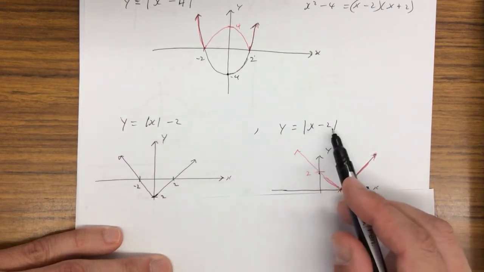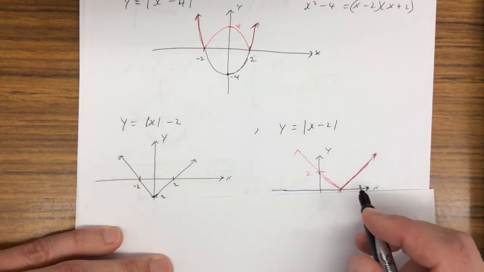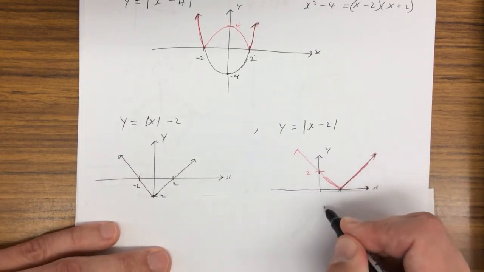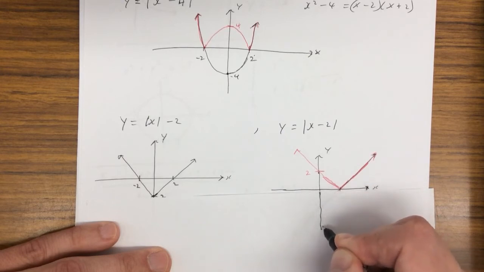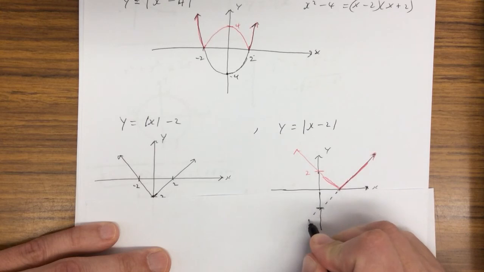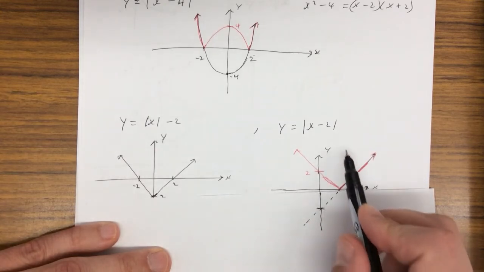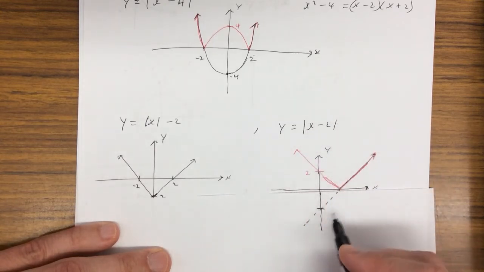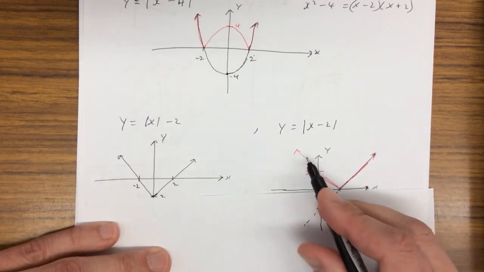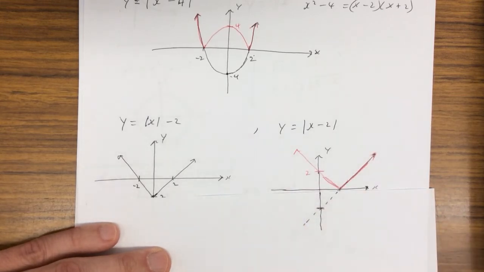This one here, absolute value of x minus 2, well, you think of the graph of y equals x minus 2, it's this, it goes through -2 on the x-axis. Okay, but because the absolute value is on the outside of the whole thing, you take this and you flip it up because it has to become positive. And this is the graph of that.